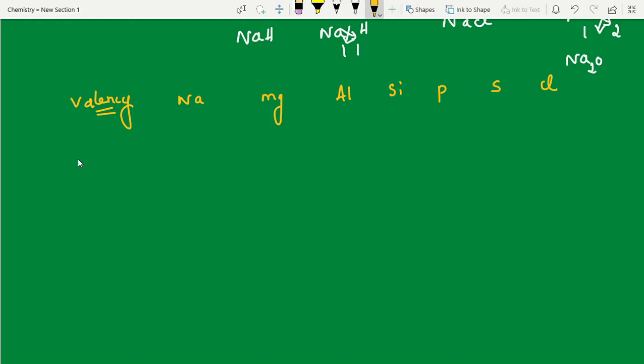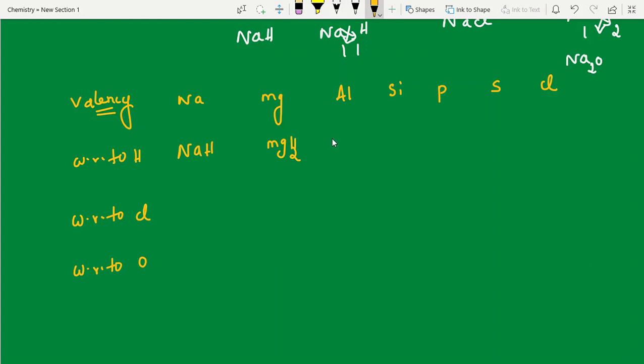So this is NaH, this is MgH2, right? This is valency 1, this is valency 2, this is valency 3. Oxidation state cases also I will tell you. Valence electrons, based on that also we can tell.